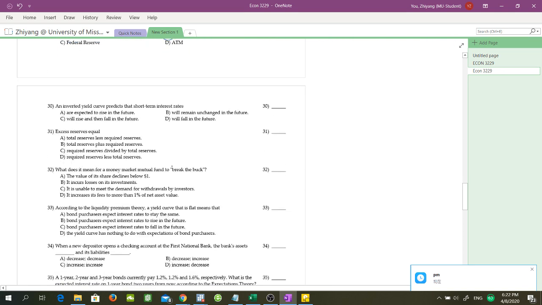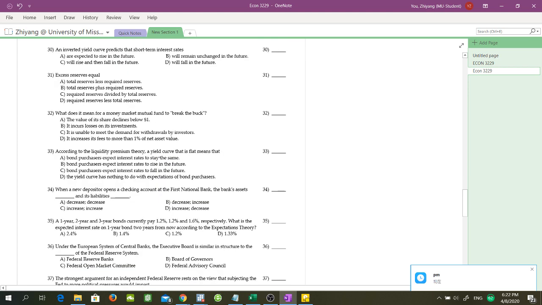Question 30. An inverted yield curve predicts that short-term interest rates will do what? Well, when we see an inverted yield curve, it is going downward. Basically, that means the short-term interest rate is higher than the long-term interest rate. For example, if this is a 2-year bond and this is a 1-year bond, obviously right now the 1-year bond yield is higher than the 2-year bond.